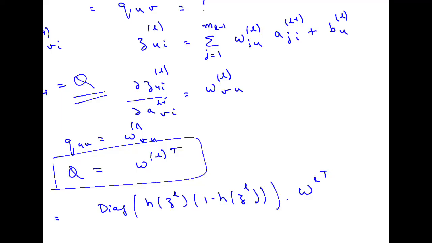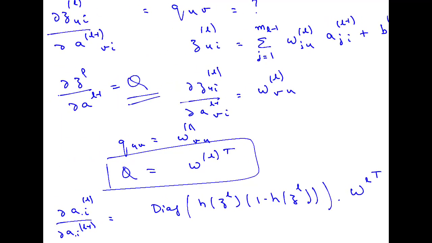And these are just scaling. If you multiply a diagonal matrix with a matrix, what happens? If you pre-multiply a diagonal matrix with the matrix, you are scaling the rows of the matrix. If you post-multiply, then you are scaling the columns. Is it? Yeah. So, no, wait. No. You are scaling the columns.